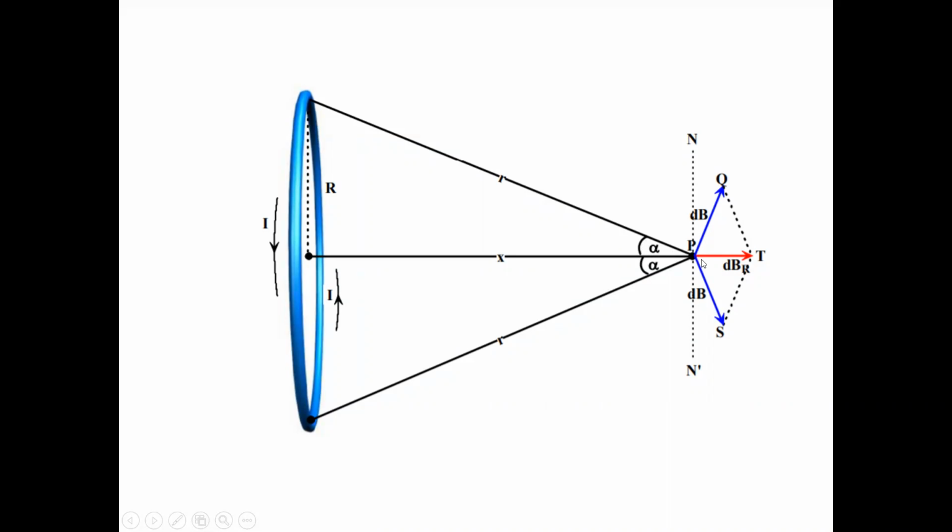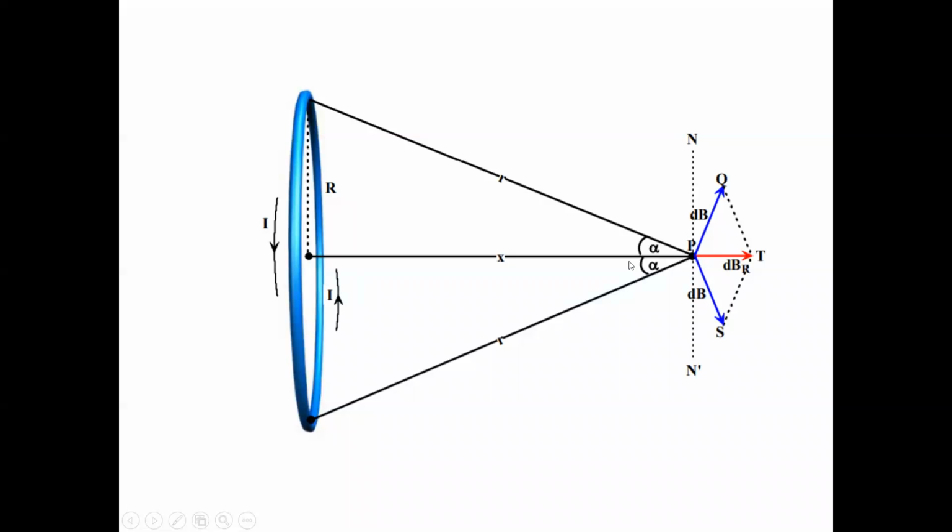As in geometrical calculation, whenever this angle is equal to alpha, automatically the angle between NP and PQ is also equivalent to alpha.